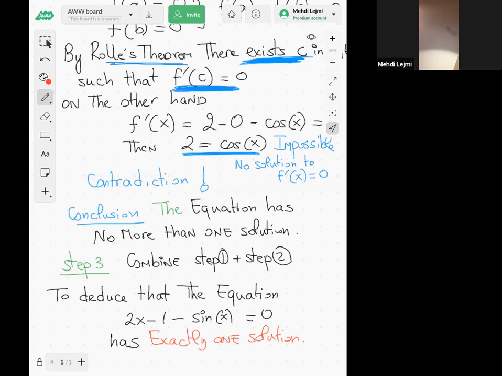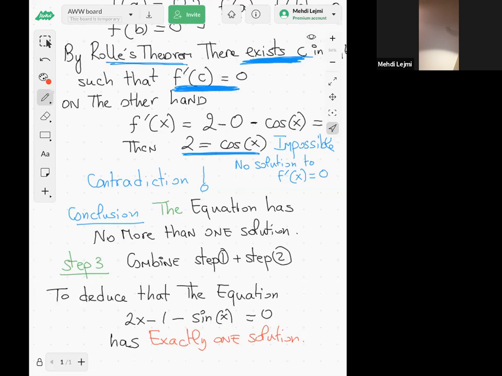It's very strong. Any question, guys? This is similar to problem number 5 in the homework, where you have to prove that the equation has exactly one solution.